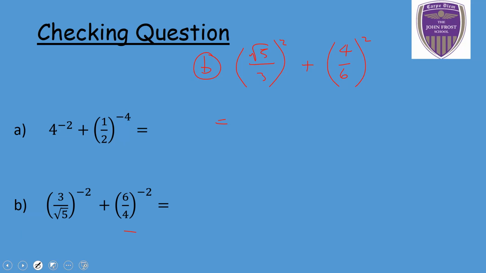If we take those brackets away, we'd be looking at root 5 squared, which is obviously 5, over 3 squared, which is 9. Then the second part is 4 squared, which is 16, over 6 squared, which is 36.